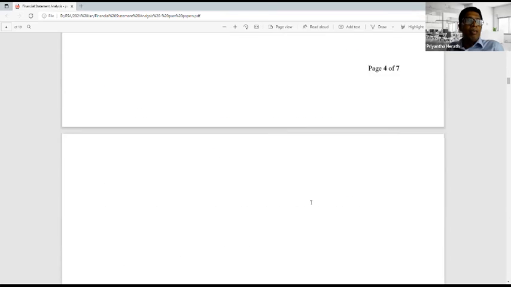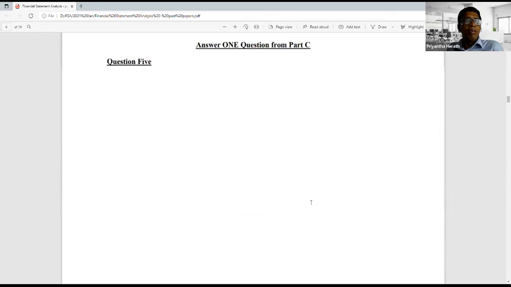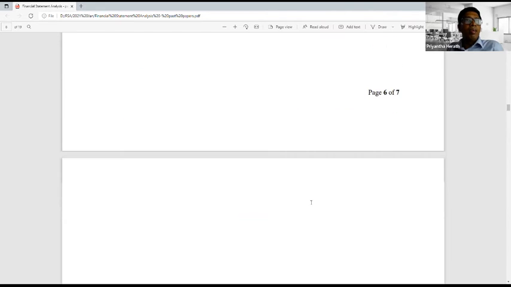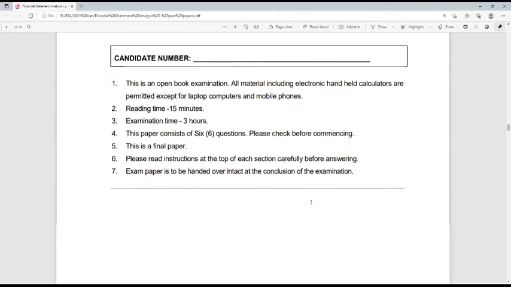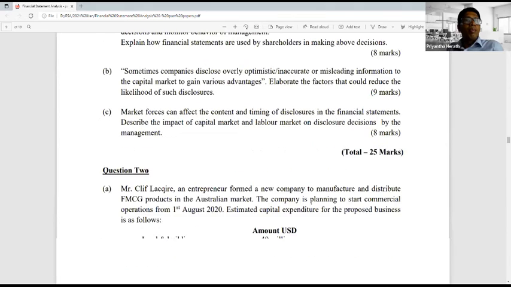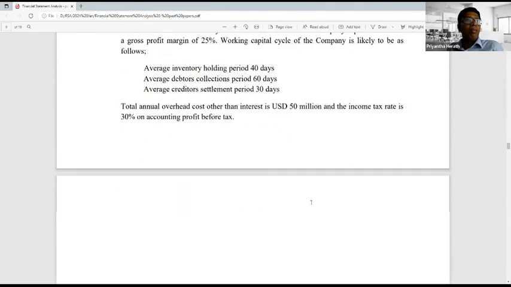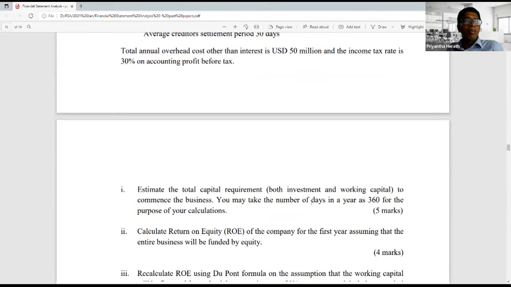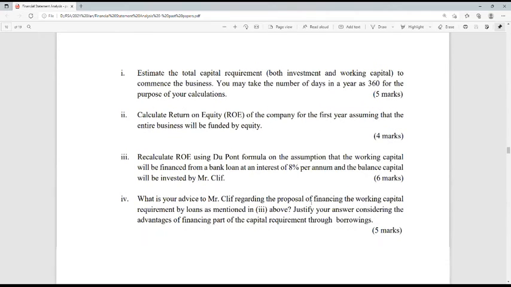Next question, again a working capital question. June 2020, question number 2.